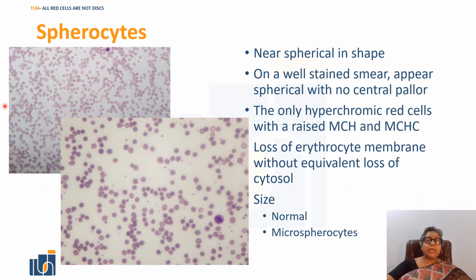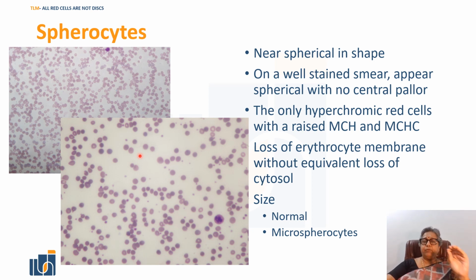These spherocytes can be all uniform and smaller than a normal red cell, when it becomes a microspherocyte, or they can be normal sized cells which are spherocytic in nature. So there can be some difference in size, and that is also important.